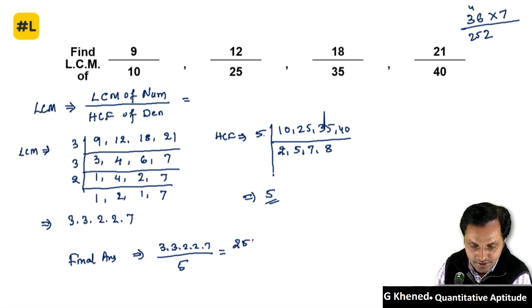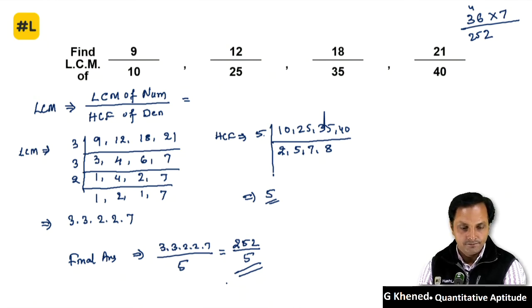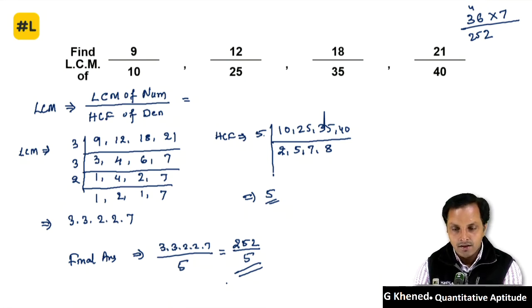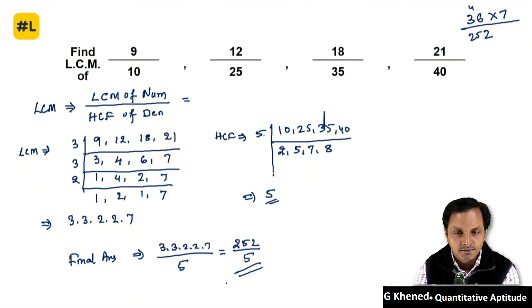So 252 divided by 5 is the LCM of the fractions 9 by 10, 12 by 25, 18 by 35 and 21 by 40. Is it clear?